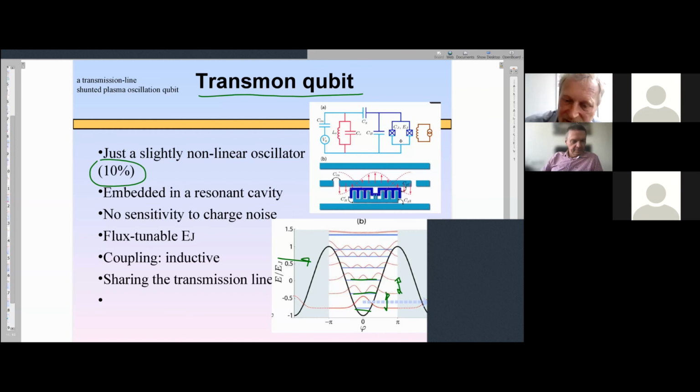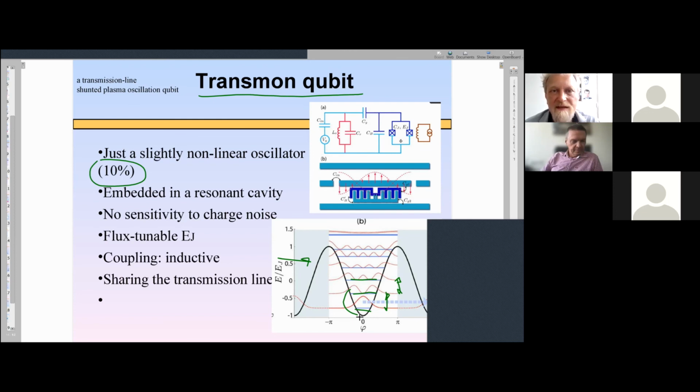Again, one takes these two as the logical states of the qubit and then, applying pulses with different frequencies, one achieves measurement of the qubit and qubit manipulation.